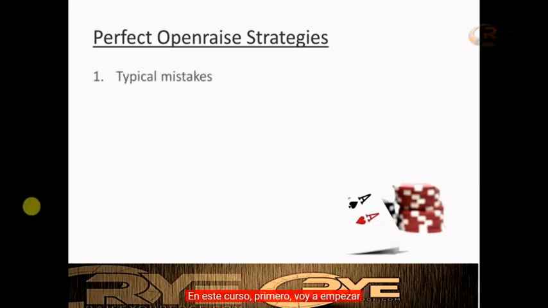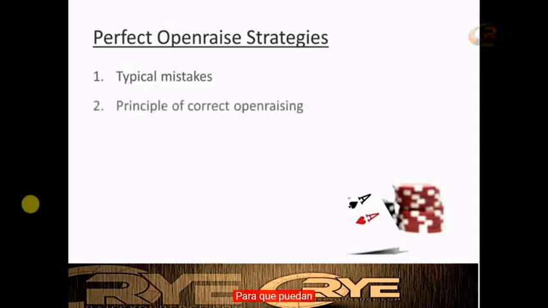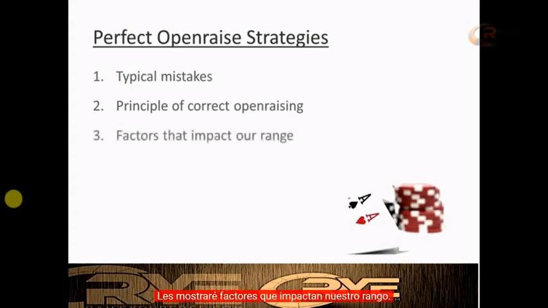In this course, first I'm going to give you an overview of the typical mistakes people make these days, so you can go on and exploit these mistakes. I will give you some principles of correct open raising and show you factors that impact our range.